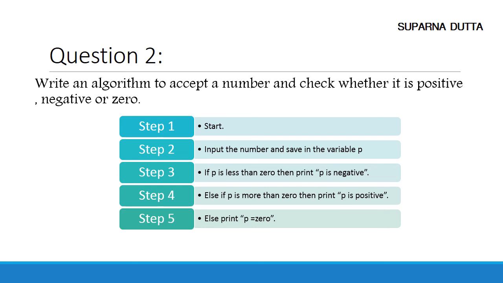In the third step I have checked whether p is less than 0 or not, and in step 4 whether p is more than 0 or not. So these are the places where we have checked the condition. But in the fifth step, we don't have any checking because this is the only condition left. And finally we end the algorithm.